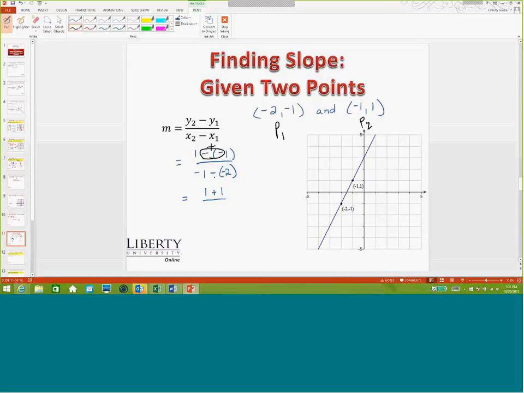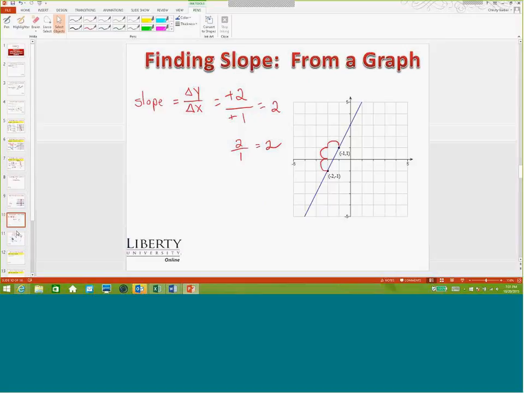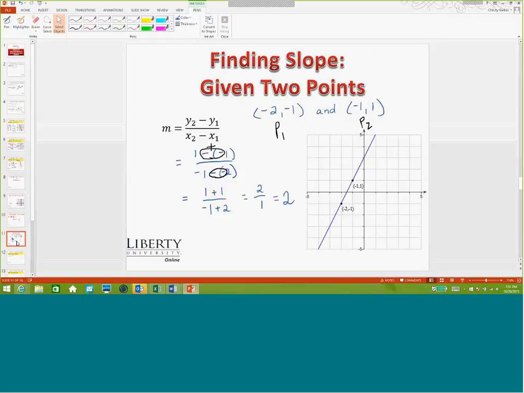Same thing in the denominator, you're subtracting a -2, so -1, minus -2 becomes plus 2. The numerator is just 1 plus 1 or 2. The denominator is -1 plus 2, which is +1. Simplified, my slope is 2. And I think that's what we found because they're the same, it's the same line.